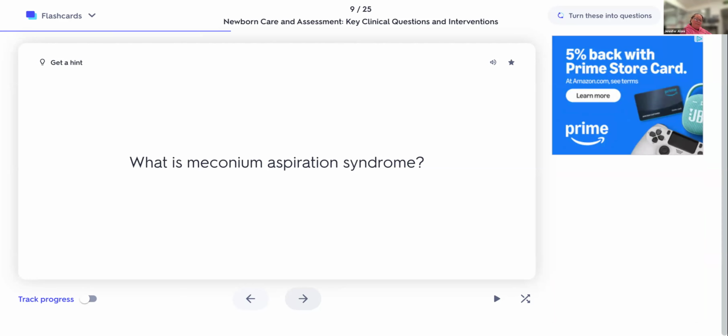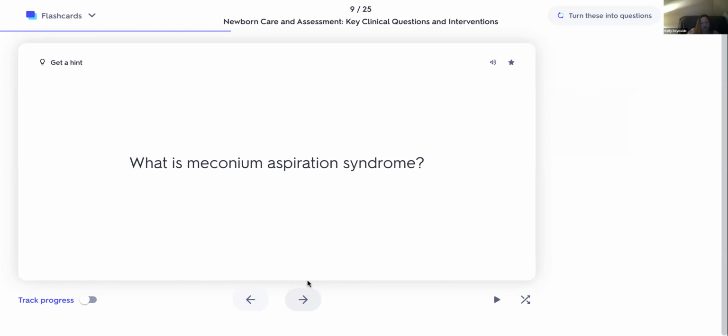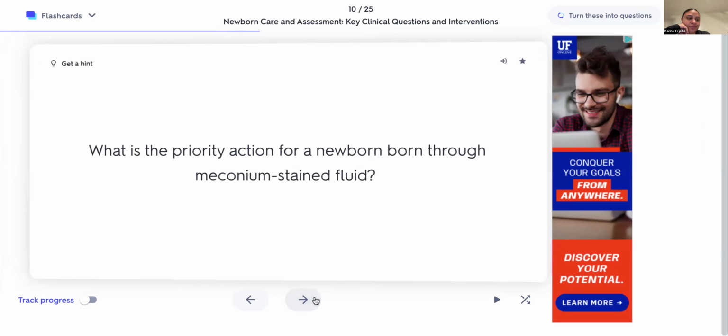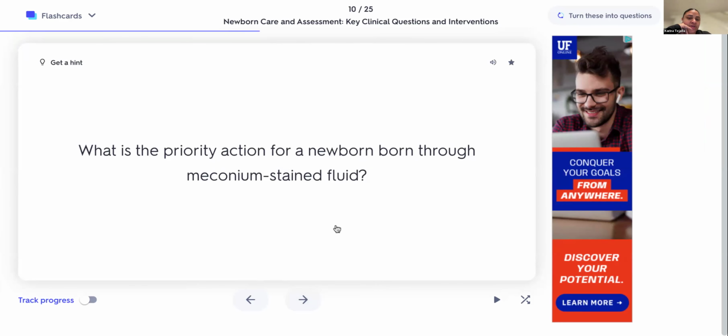Good, excellent. What is meconium aspiration syndrome? So what does that mean? It's where they aspirate their feces. Yeah, an inhalation of meconium causing airway obstruction and respiratory distress. What would be the priority action for a newborn born through meconium stained fluid?